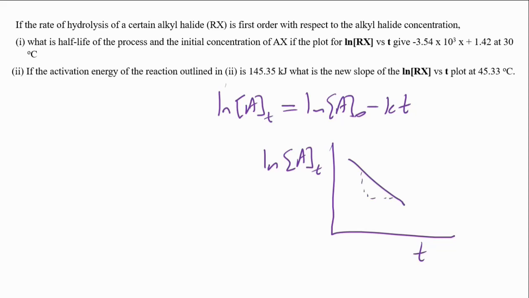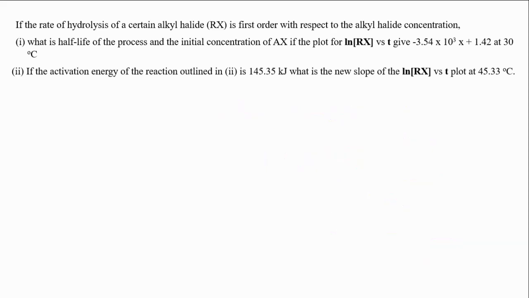This negative slope is equal to negative k, and the intercept, probably somewhere there, would be equal to ln A_0.